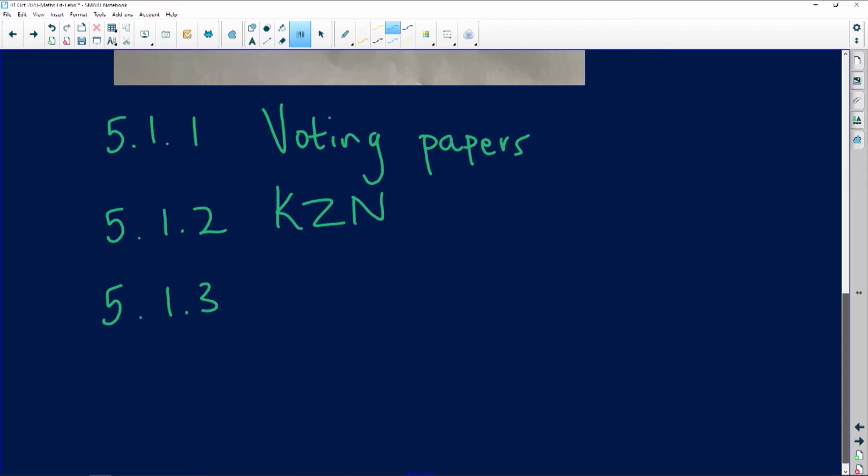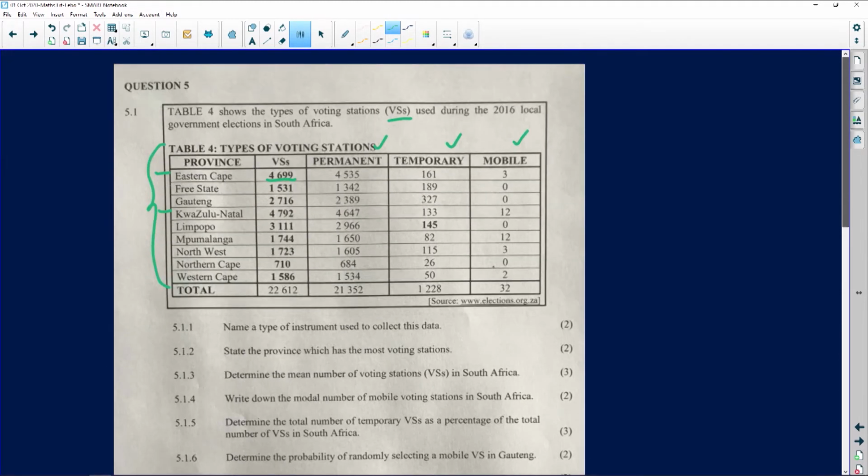So it says to me, the mean number of voting stations in South Africa. So I'm going to go and add all the numbers that I have been given over there, and I'm going to divide it by the provinces. So let's go and see the numbers that I have been given over there.